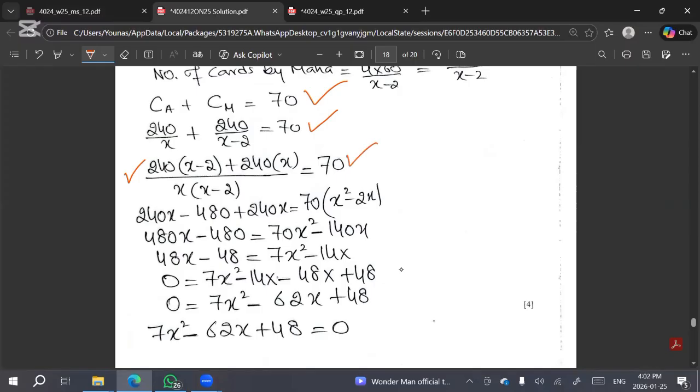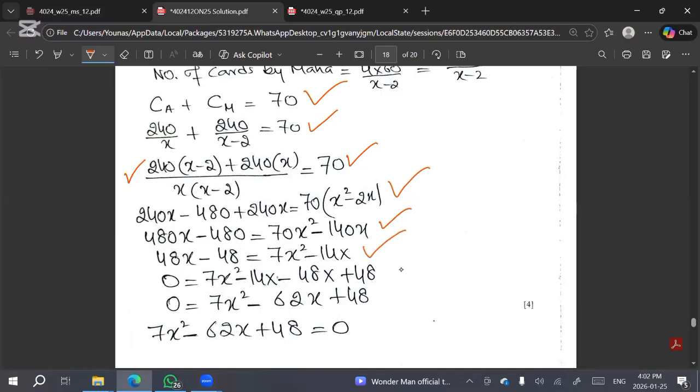When you open the brackets, 240X minus 480 plus 240X is equal to 70 into X square minus 2X. So you will have 480X minus 480 equals 70X square minus 140X. Then 48X minus 48 is equal to 7X square minus 14X.